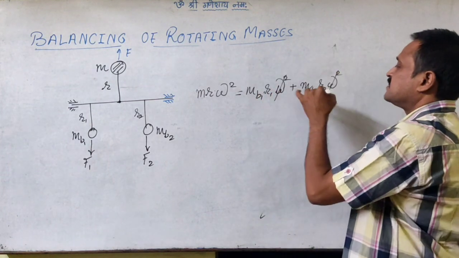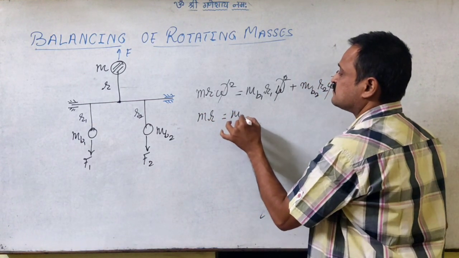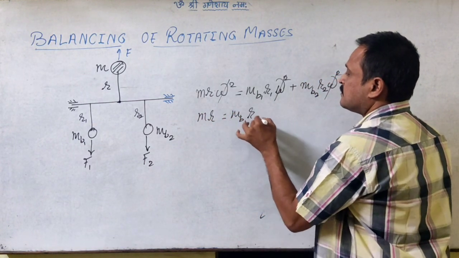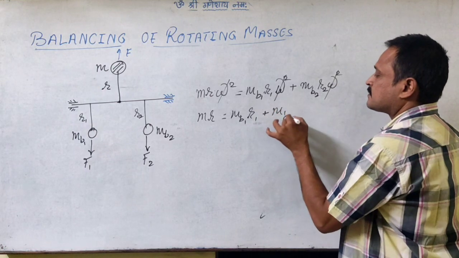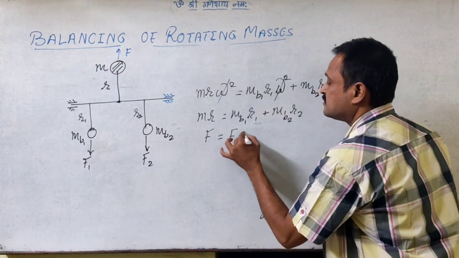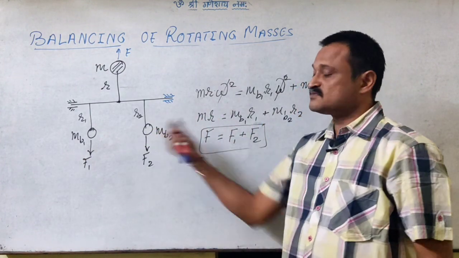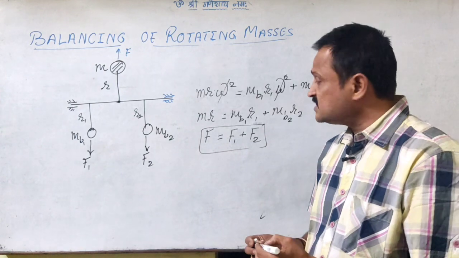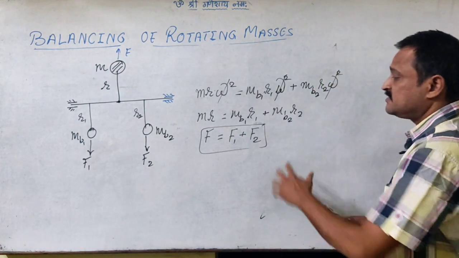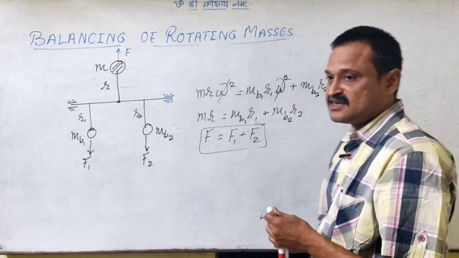So again, when it is mounted on the same shaft, we want these forces, F1 plus F2, the summation of these forces, to be equal to 0. If the summation of these forces is 0, then the system is statically balanced.